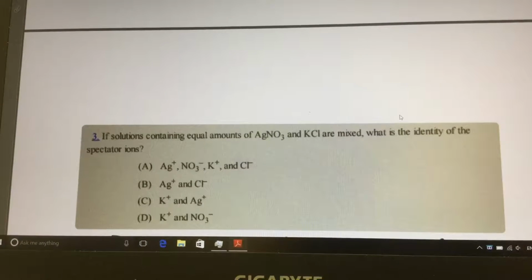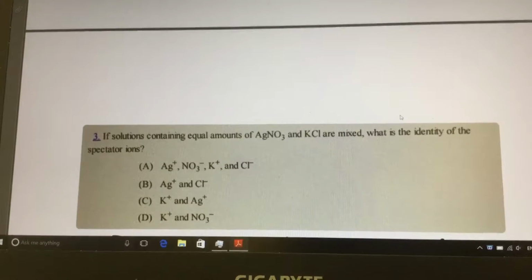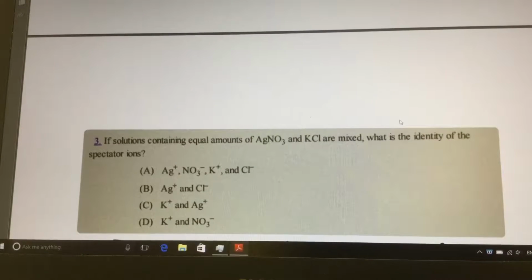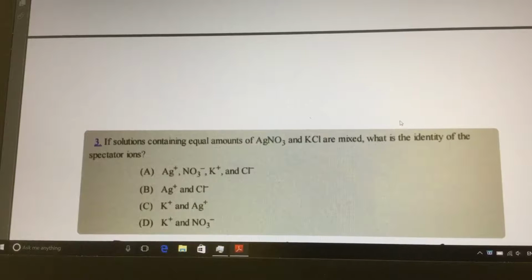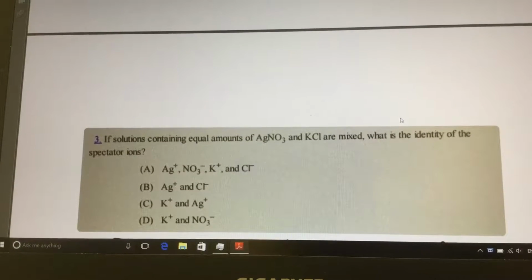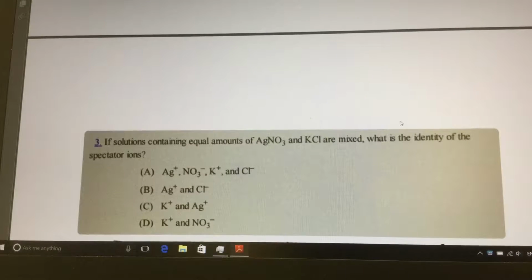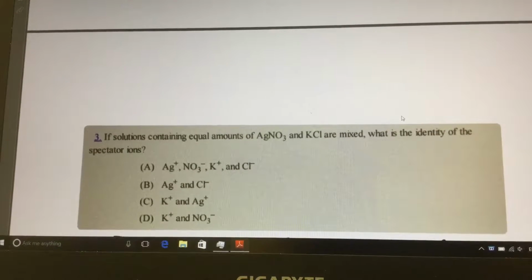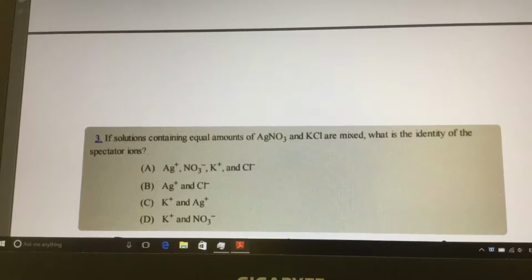And then we have the three multiple choices. The first one: if solutions containing equal amounts of AgNO3 and KCl are mixed, what is the identity of the spectator ions? Well, from our solubility rules, first off, this is a double displacement reaction, so basically the Ag and K switch places.